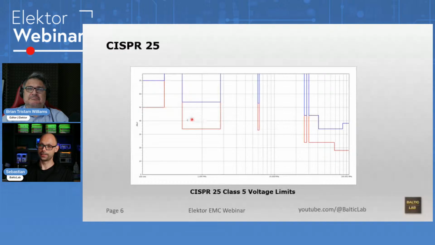Then here there is Mittelwelle, what we call it in German, AM radio, very classic, up to 1.8 megahertz. In between, there is no standard limit defined. You could do whatever you want there, at least for this standard. Then here is 6 point something megahertz. This is, I think, the 49 meter AM shortwave band. Nobody's using that either. At least, I don't know.